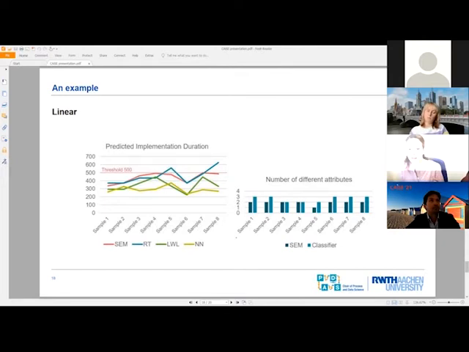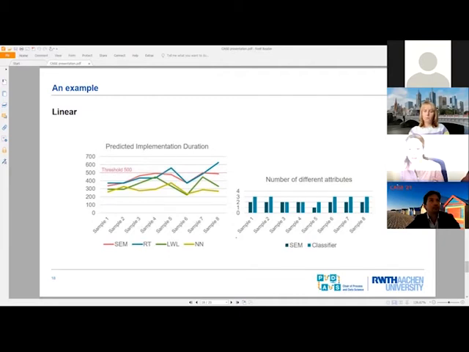And as you can see in the generated examples, there is a huge difference between the values generated by SAM, the structural equation model, and the other very accurate machine learning methods like neural network, locally weighted learning, and regression tree. We have the structural equation model as the ground truth.